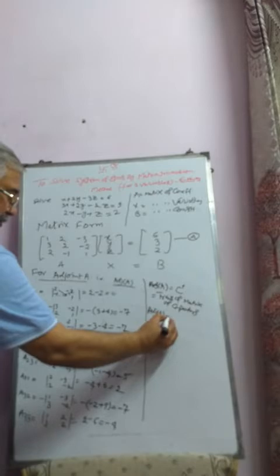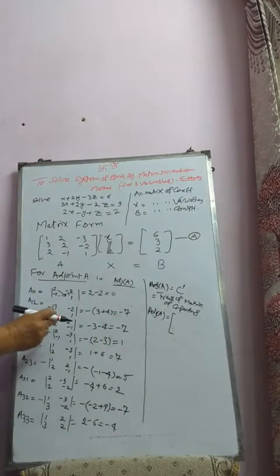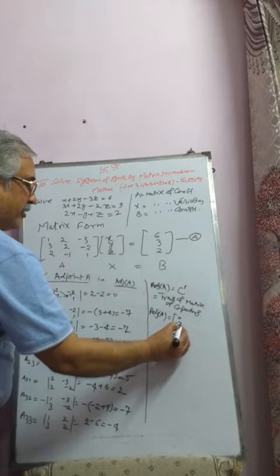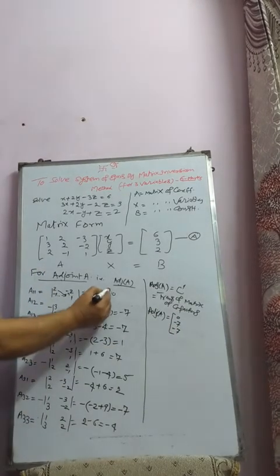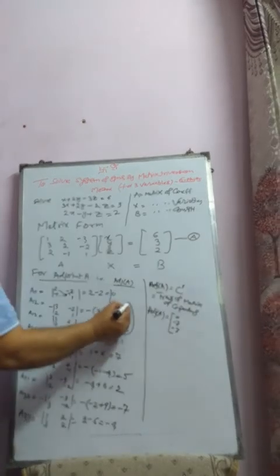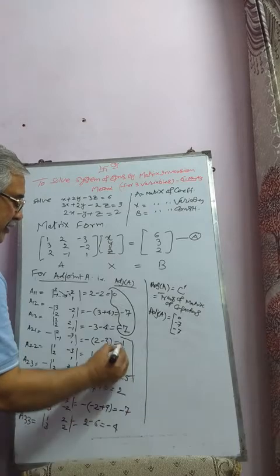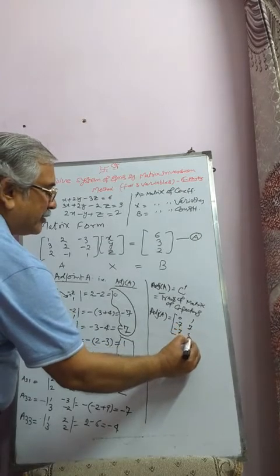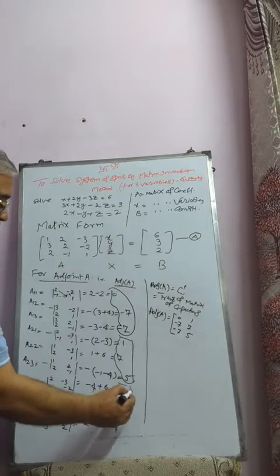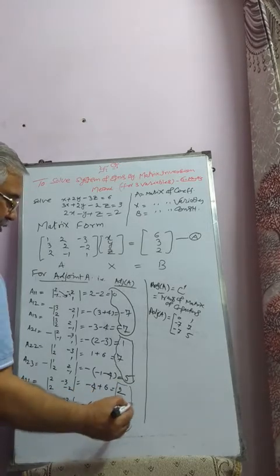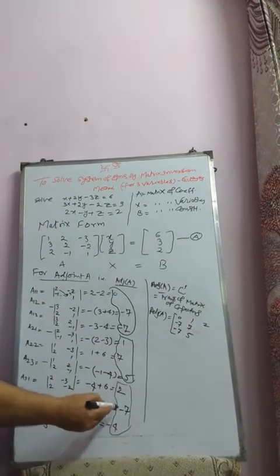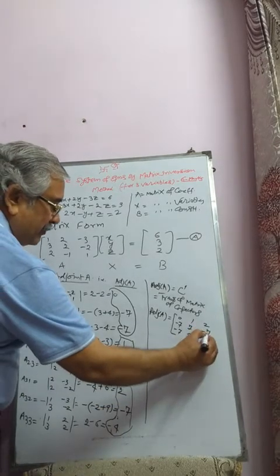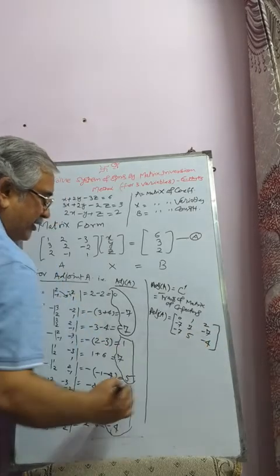So this is equal to a matrix: 0 minus 7 minus 7 first; second column 1 7 5; third one, the remaining three elements, 2 minus 7 minus 4. This is adjoint A. Please have a note.